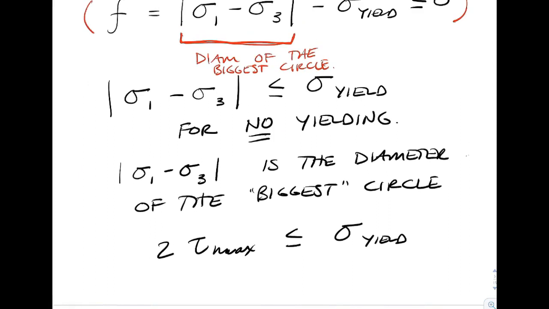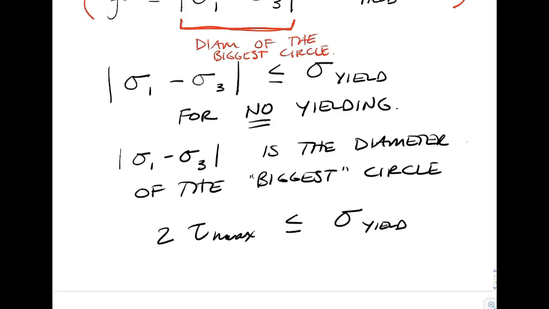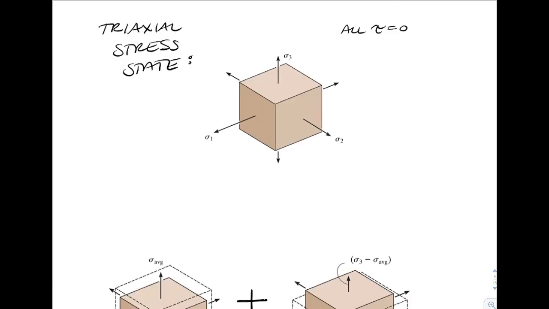So if sigma 1 minus sigma 3 is less than or equal to sigma yield, then no yielding has occurred. So this is why it's called the maximum shear stress criteria, because it's twice tau max that is compared to sigma yield. The von Mises yield criteria is derived in a slightly different fashion.